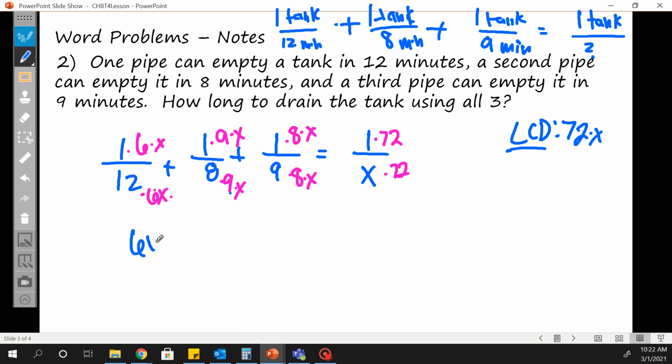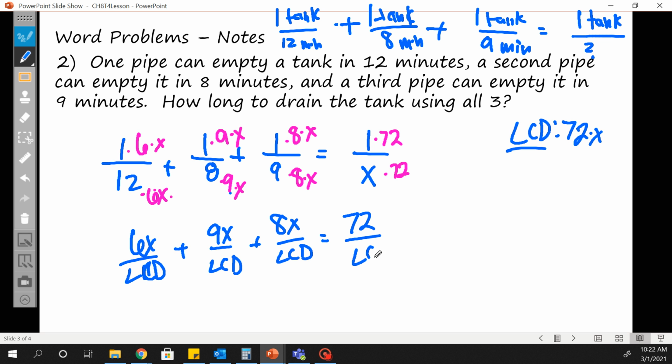So that gives me 6x over the LCD plus 9x over the LCD plus 8x over the LCD equals 72 over the LCD. These can be combined over a single LCD, 6 plus 9 plus 8, which is 23. So 23x over the LCD equals 72 over the LCD.